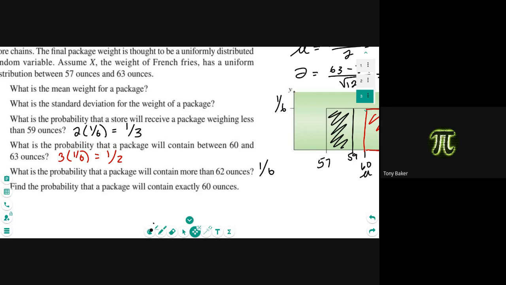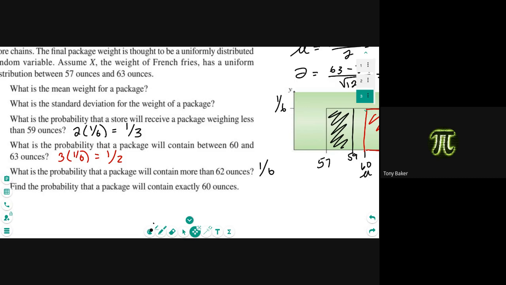Times 1/6. So if you notice when we're doing this problem, we're looking for area, right? In essence, to find it. If we're just at one number, the width is 0. So none of them are exactly. You're never going to get exactly that.